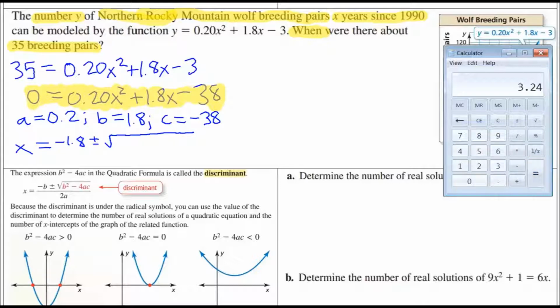So I'm going to write 3 and 24/100 in right here, minus 4 times a, which is 2/10, and c is negative 38.